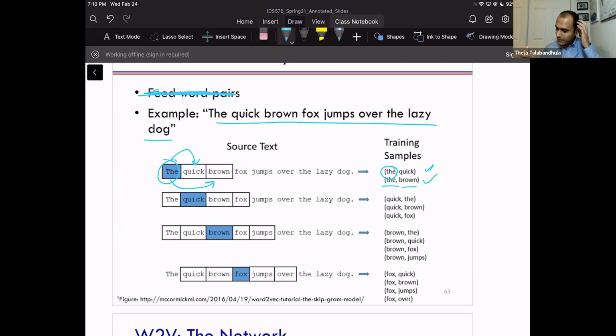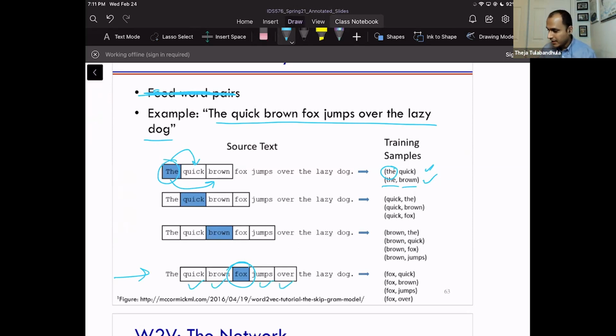Similarly, let's look at the last version here. Let's say fox is the input to the classifier. The word fox will get turned into some vector representation, and we're going to talk about that vector representation. Once you give fox as input, it should have high scores for its nearby words.